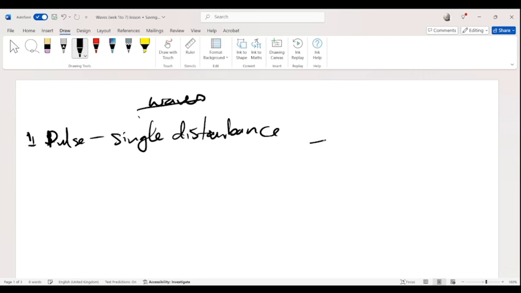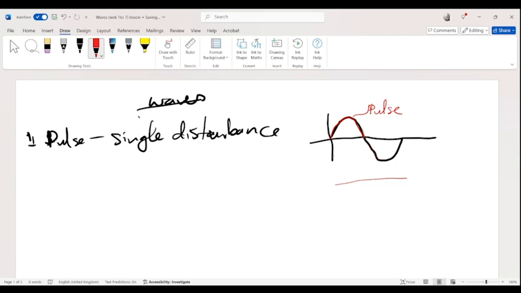Okay, let's say we have a wave. Let me draw a wave on a Cartesian plane. A wave is a to and fro movement. This segment here is what we call a pulse, and the entire thing is a wave.